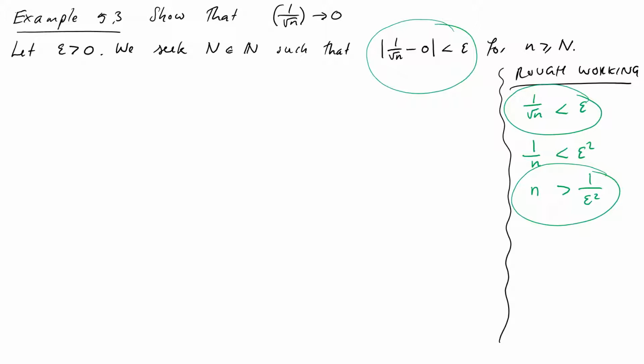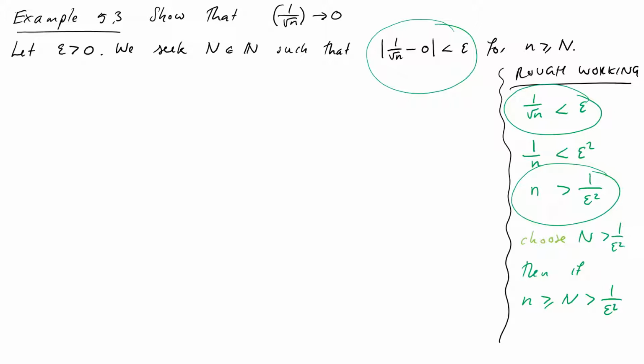So you can see that if I choose N to be greater than 1 over epsilon squared, because remember I'm trying to choose an N, and it's going to depend on epsilon somehow, then if n is greater than or equal to N, then it's automatically going to be greater than 1 over epsilon squared, isn't it? And we can show that if we rearrange this, we'll get back to the inequality we wanted before. So that's how our pattern's going to go.